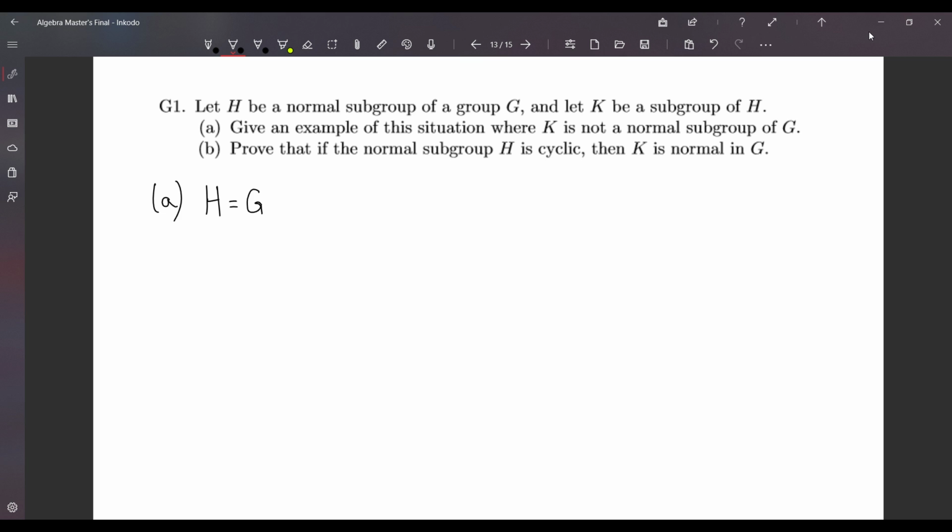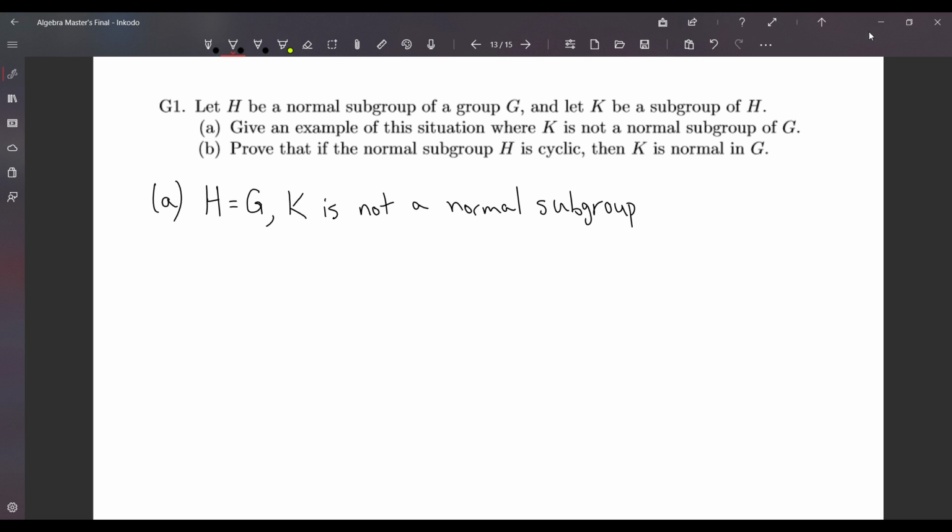I don't know if this trivial example would get you marked off points on the exam, but it's one way to go about it if you can't think of another example. Then you simply have to find a scenario where K is not a normal subgroup.